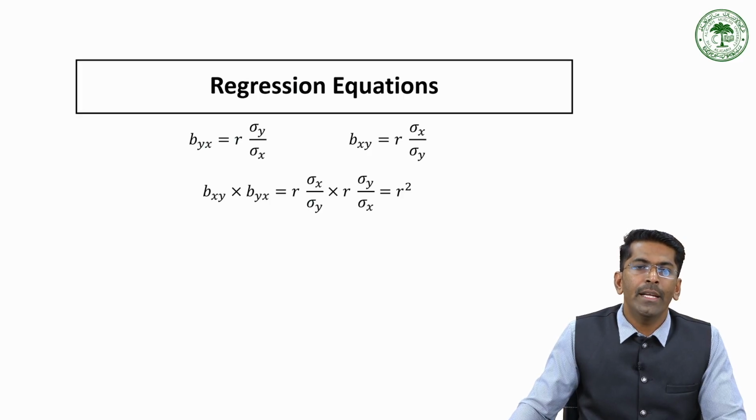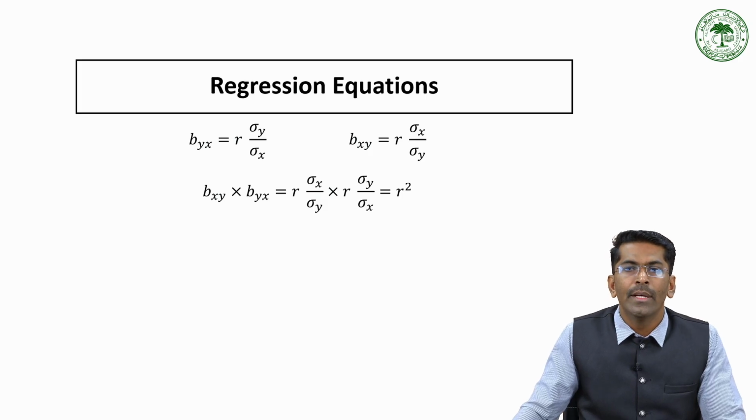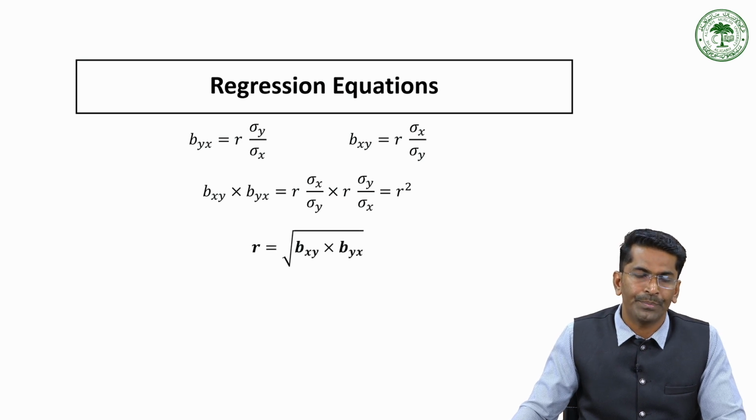The standard deviation of x and x cancel out, and the standard deviation of y and y cancel out. What remains is r into r, which equals r square. This shows that the product of the two regression coefficients is always equal to the square of the correlation coefficient, that is r square, which is also known as the coefficient of determination.